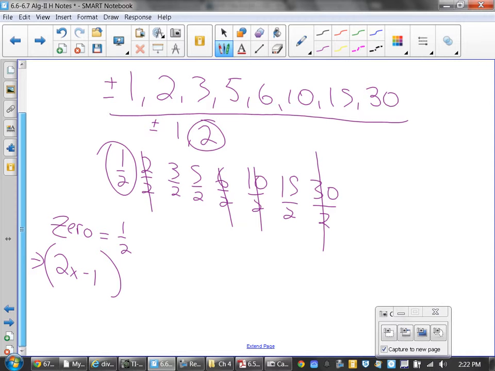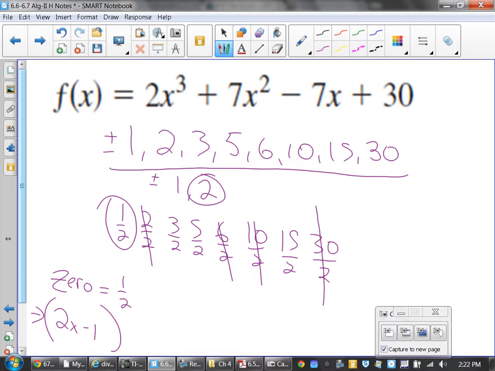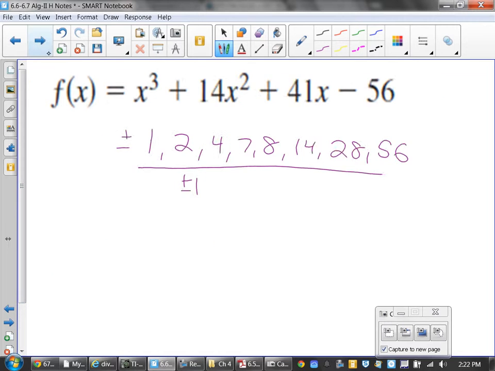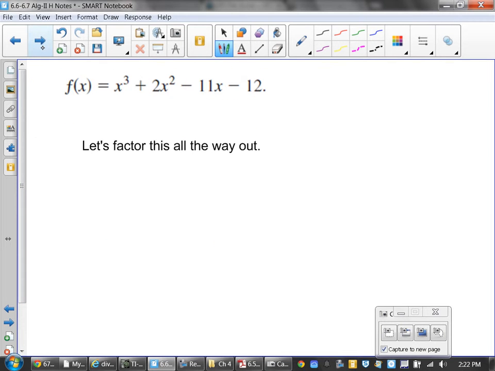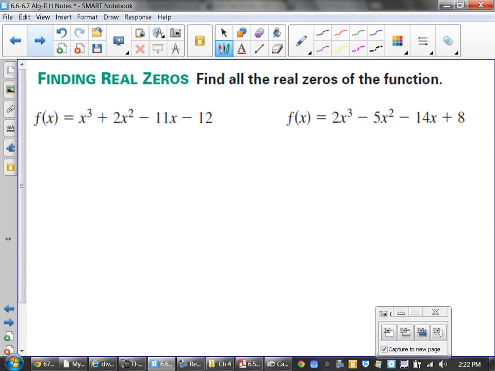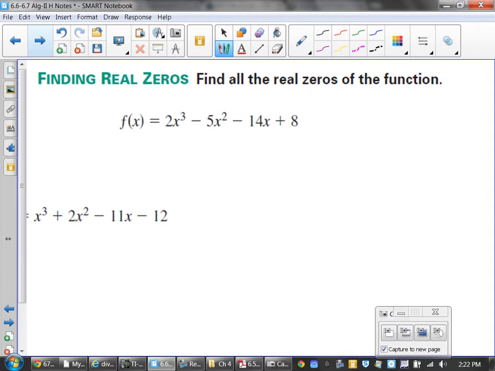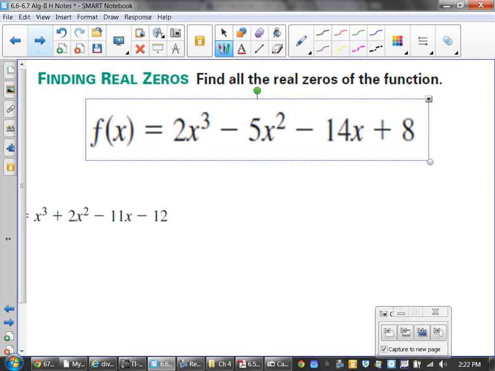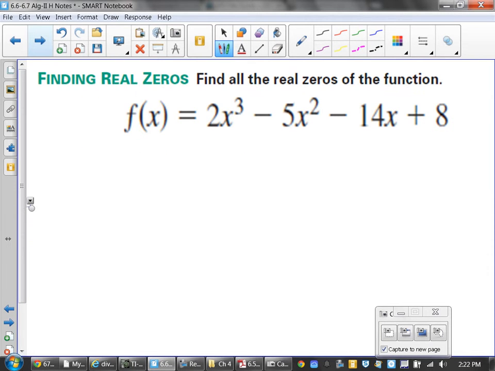Good stuff. All right. So again, not very tricky, is it? Let's find all the zeros. By finding all the zeros, we're going to factor this completely out.